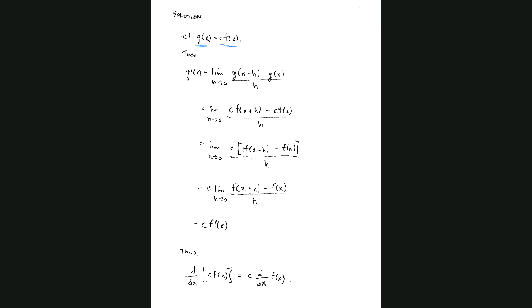So g prime of x would be the limit as h approaches 0 of g of x plus h minus g of x. Well, g of x plus h would be the constant times f of x plus h. And g of x is the constant times f of x.